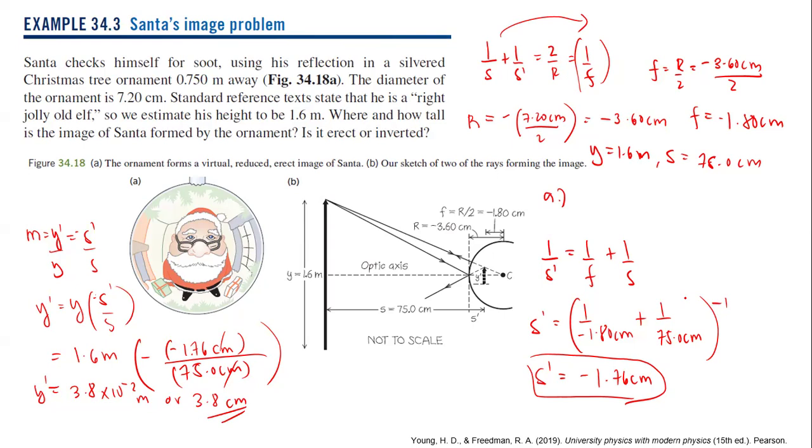So is it erect or inverted? Our lateral magnification M is 0.0234, which is positive. From our sketch it is positive, so we know that it is erect.